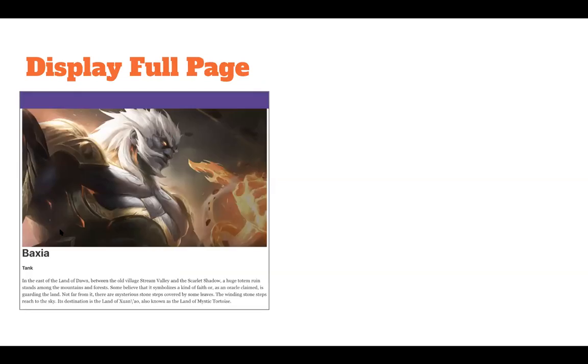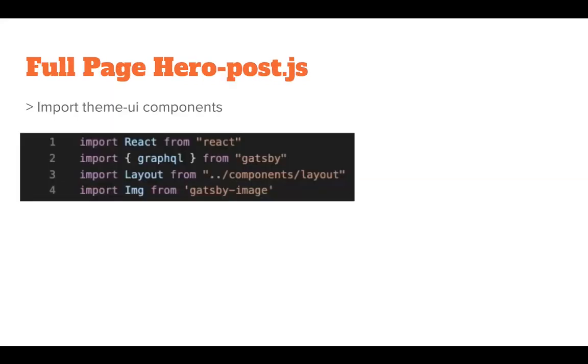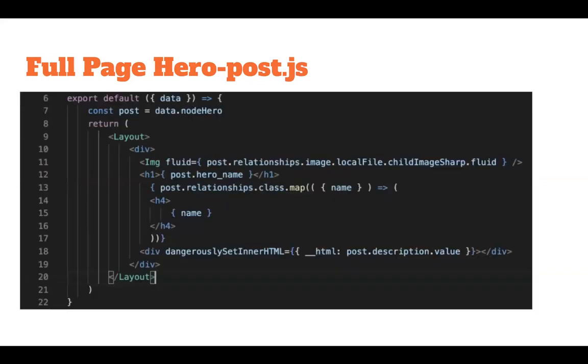Then after that, we're going to display the full page. So it is similar to what we did earlier, but it's going to be a bit different. So again, we import the theme UI components. Then we create a layout for the full page. So we create a mapping here for the class name, and then we display the description.